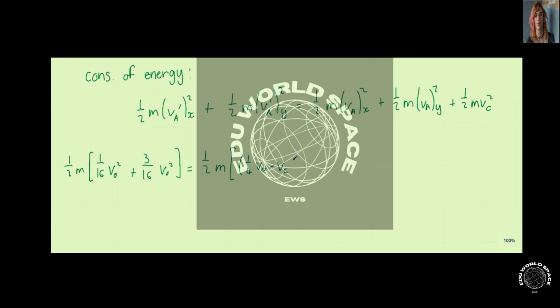So all we're doing now is just substituting expressions, times the cosine of 30 degrees, and that's all squared, plus minus the root of 3 over 4 times v naught plus vC sine of 30 degrees, again all squared, plus vC squared.